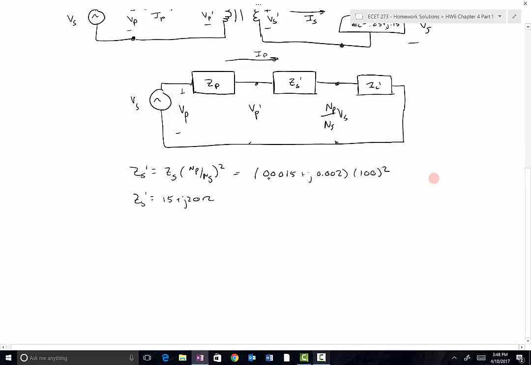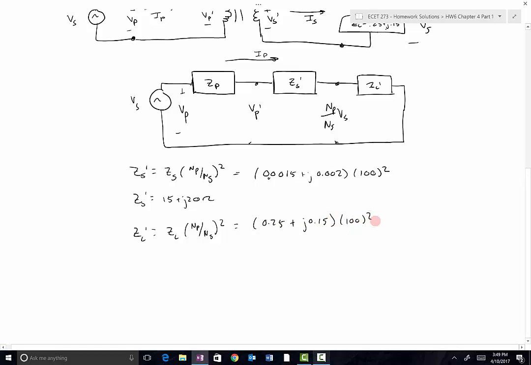Now I need to refer the load impedance over, ZL prime. It also just gets referred over by the turns ratio squared, so that's ZL times NP divided by NS quantity squared. So using my updated values, that's 0.25 plus J 0.15 times 100 squared.